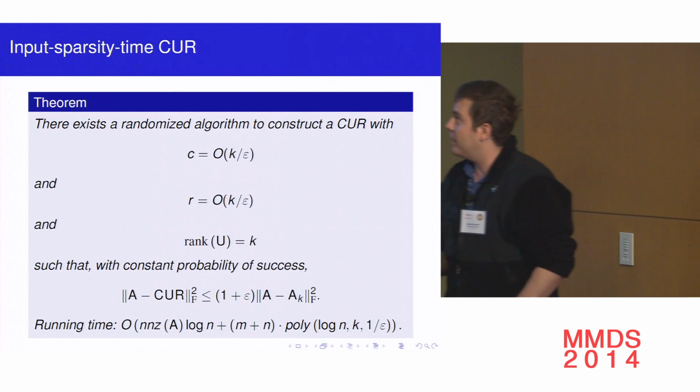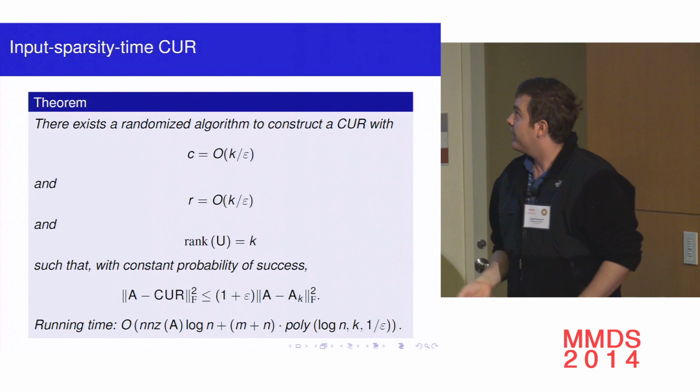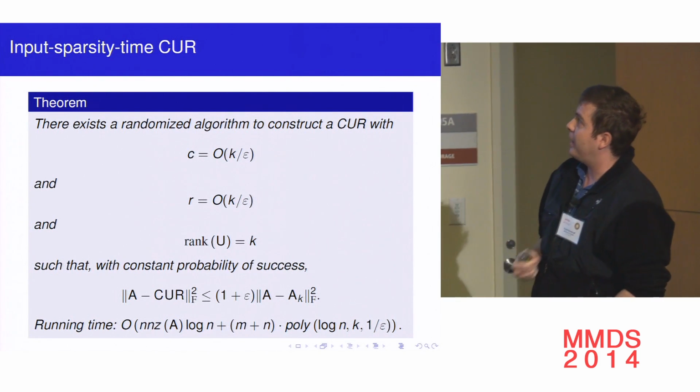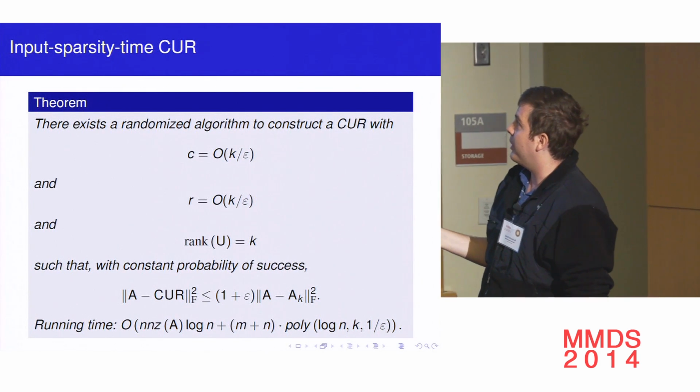And our main theorem, our input sparsity time algorithm, gives a randomized algorithm achieving k over epsilon columns, k over epsilon rows, and the rank of U is k.